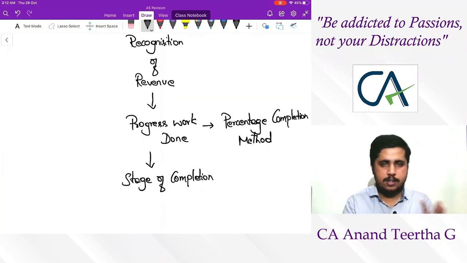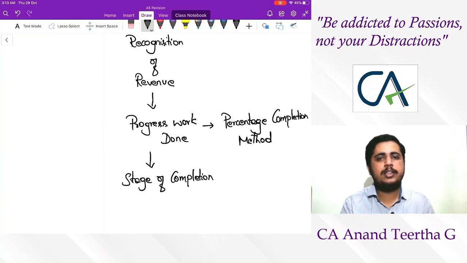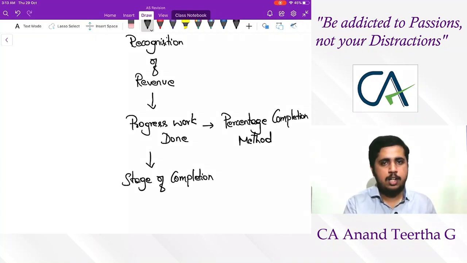So now let's quickly summarize this. How do we recognize revenue? For that, apply the percentage completion method. What does the percentage completion method tell us? It tells us that according to progress of work done, calculate the revenue. How do you decide progress of work done? According to stage of completion. So what does stage of completion tell you?